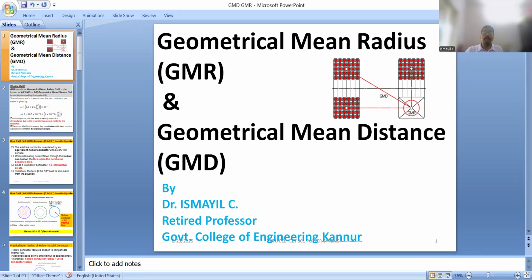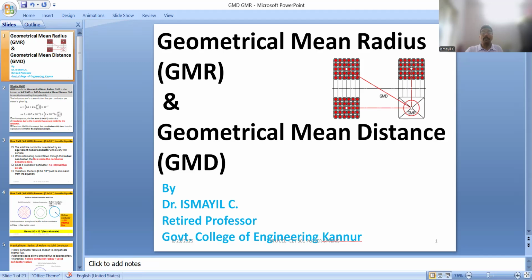In this, I am assuming that the radius is very much smaller than the distance between each conductor. That is here 5 meter, but the radius is 30 by 15 centimeter only. That is comparatively less, and here I am not taking that value.